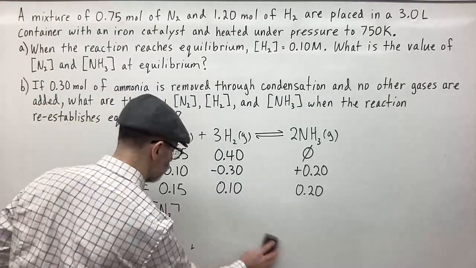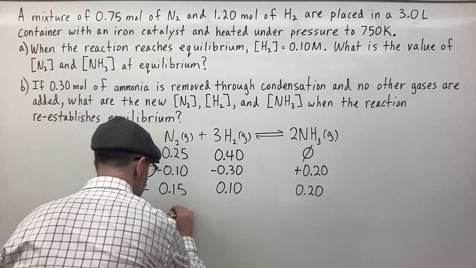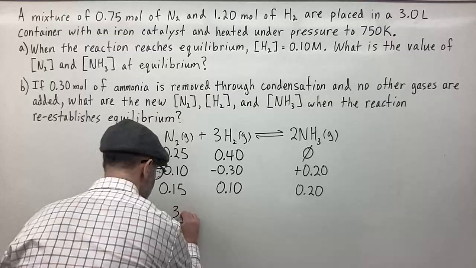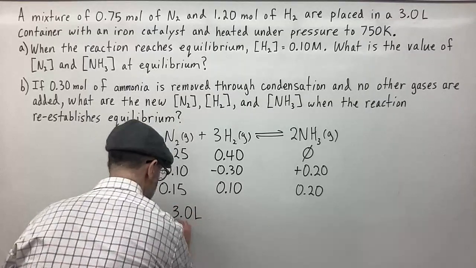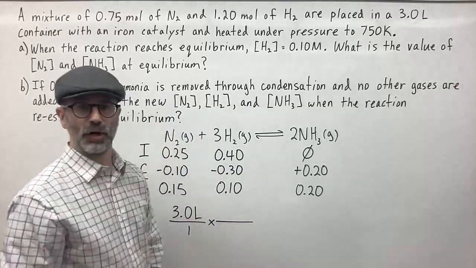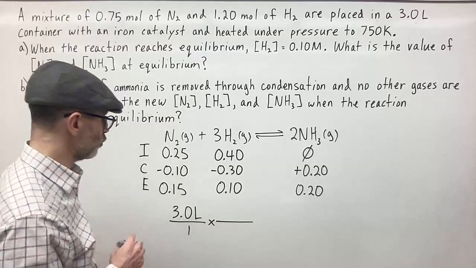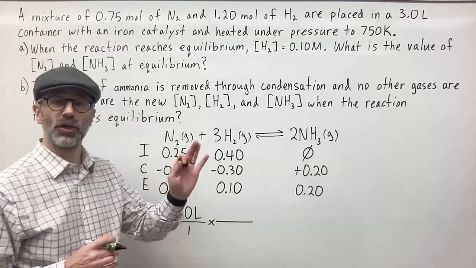So let's go ahead and do that. So we've got the concentration of ammonia. We got our 3 liters, so 3.0 liters over 1. You can use molarity as a conversion factor because it's moles over liters, so you can use it to convert from one unit to another.